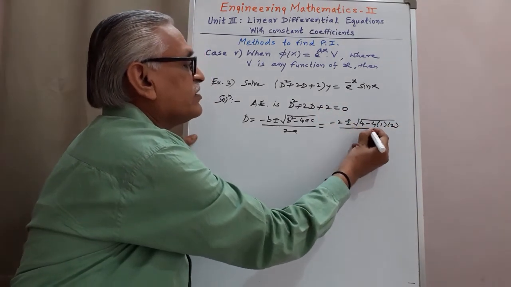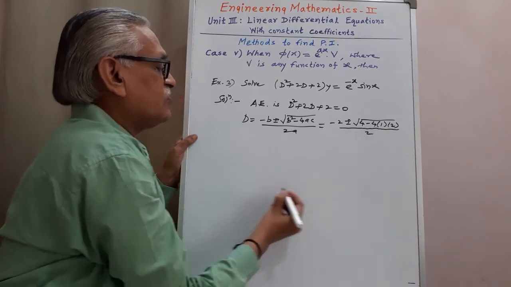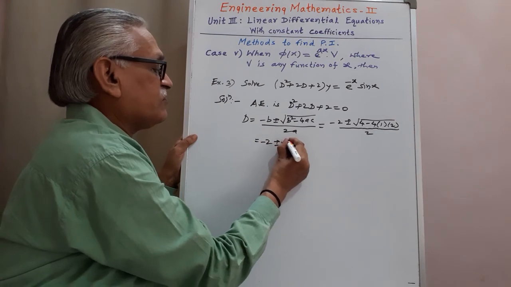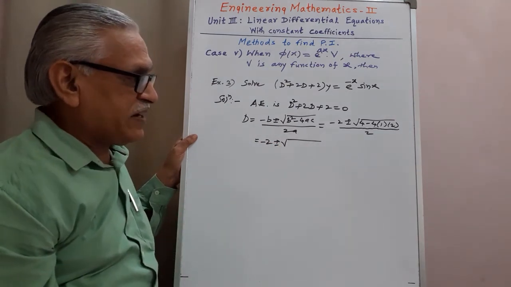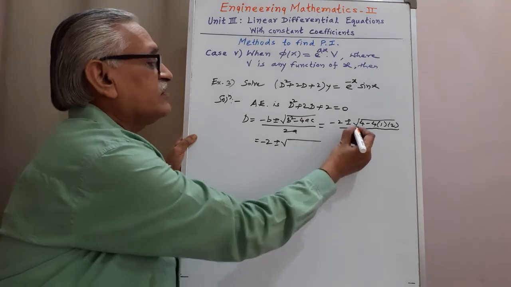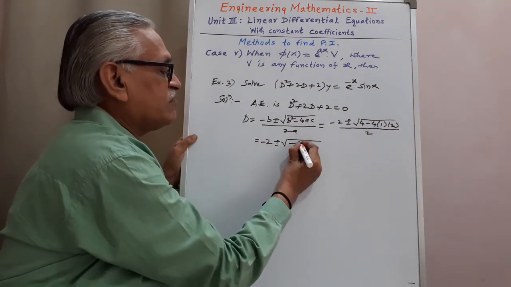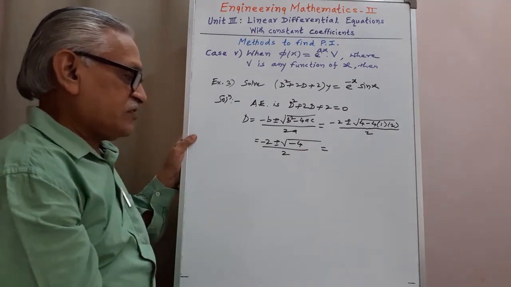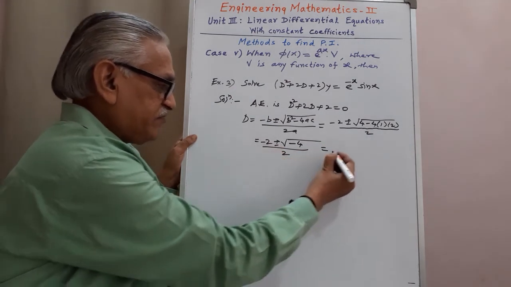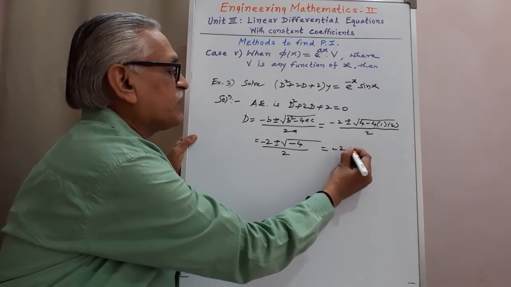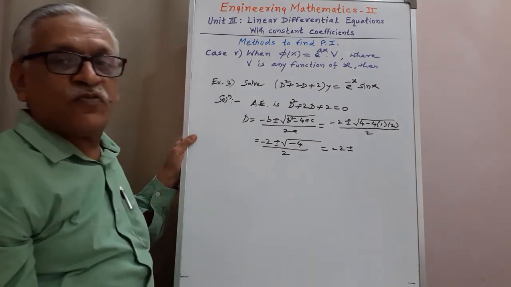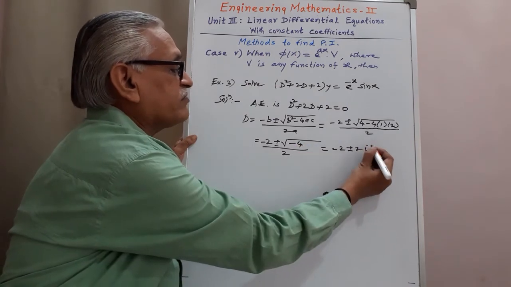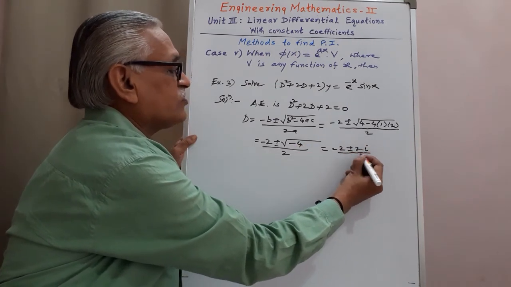and the whole divided by 2, we get minus 2 plus minus root of 4 minus 8. 4 minus 8 is minus 4, divided by 2, therefore it is minus 2 plus minus root of 4 is 2 and root of minus 1 is i, divided by 2.